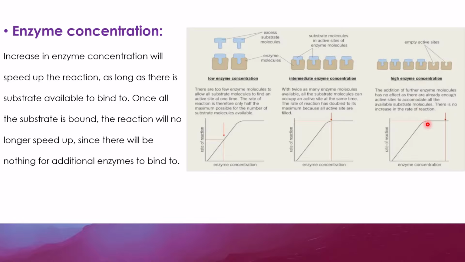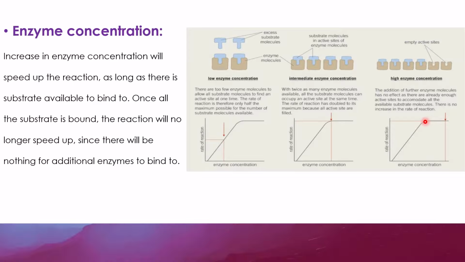So as you can see from this graph, where the maximum rate of reaction occurs, after adding more concentrations of the enzyme to our test solution, we can see that the nature of the graph still remains the same.